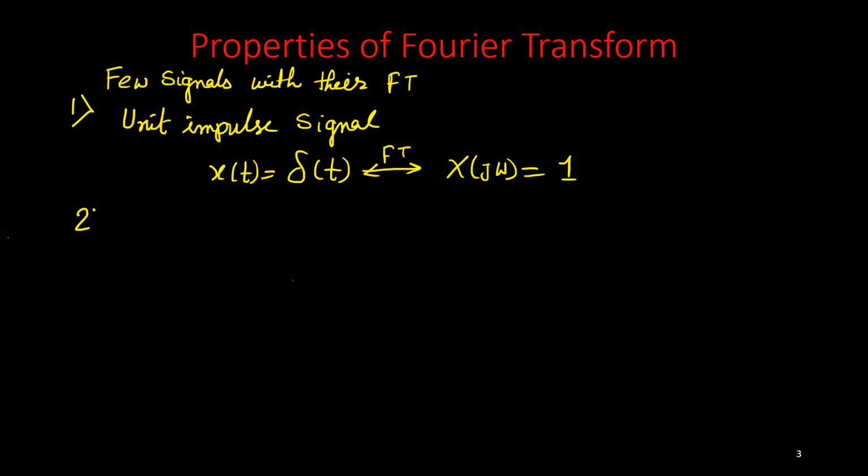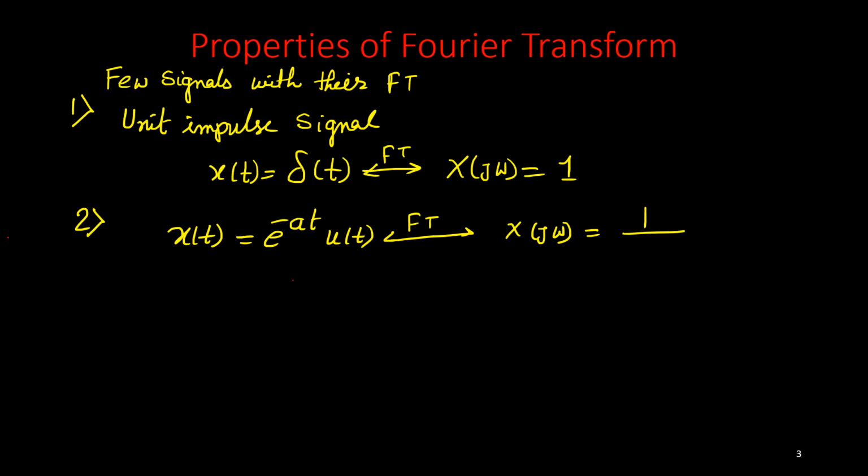Second one, x(t) is an exponentially decaying signal, e to the power minus a t u(t), and for that the Fourier transform was X of j omega, which is 1 upon a plus j omega.